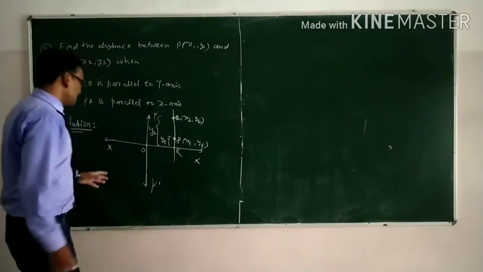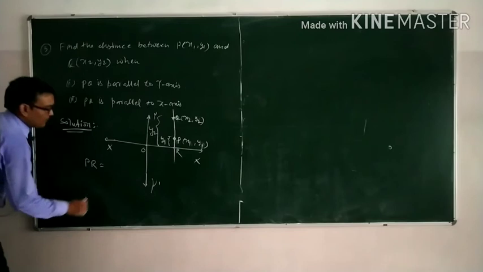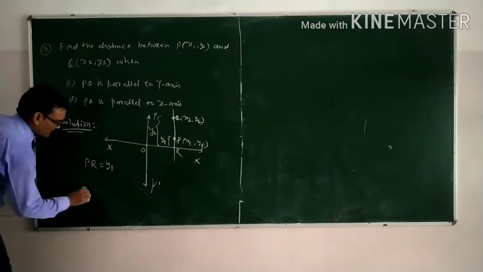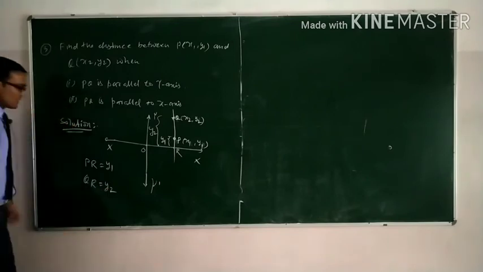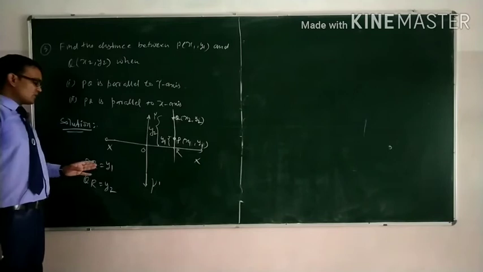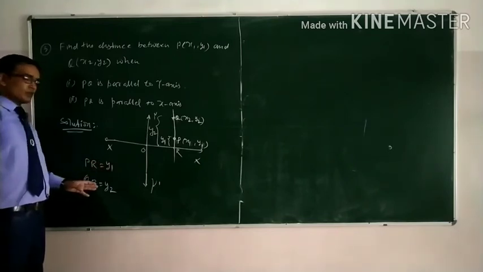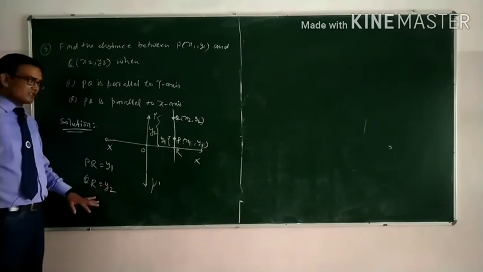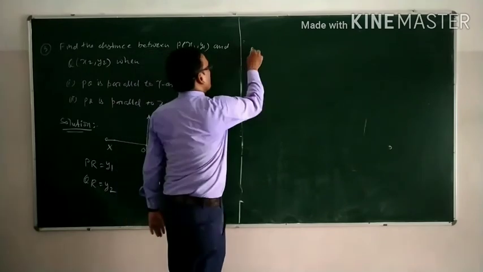Okay student, in this condition the value of PR equal to y1 and the value of QR equal to y2. Okay students, then find PQ.